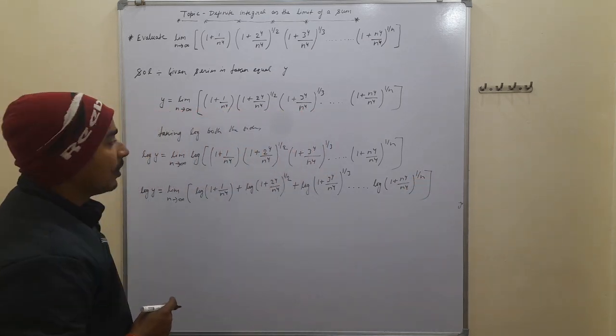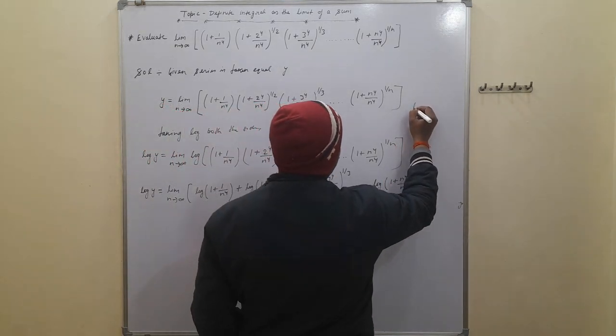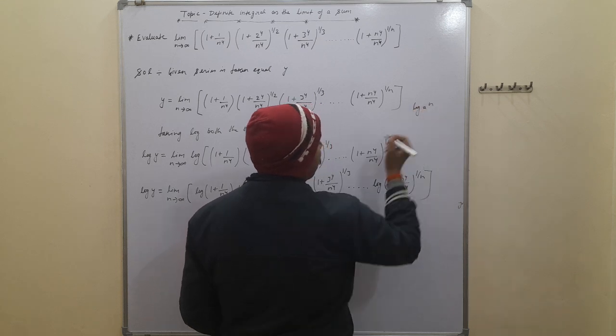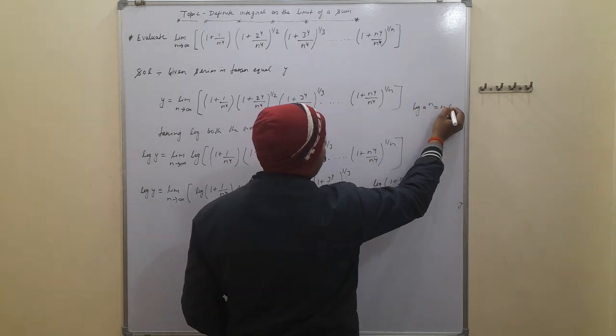Using the property of log again, log a to the power n is written as n log a.